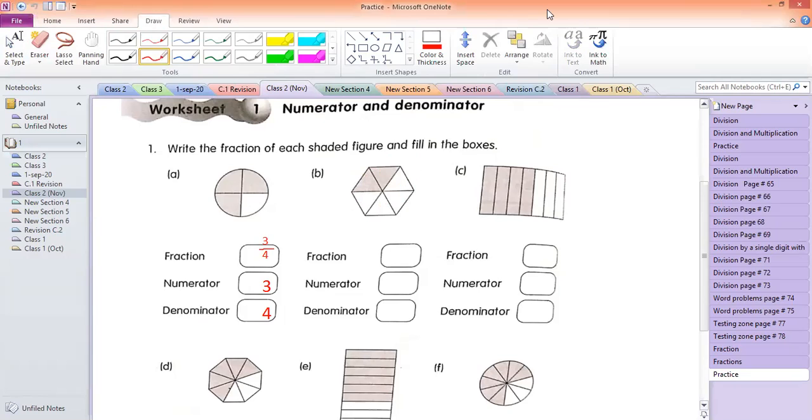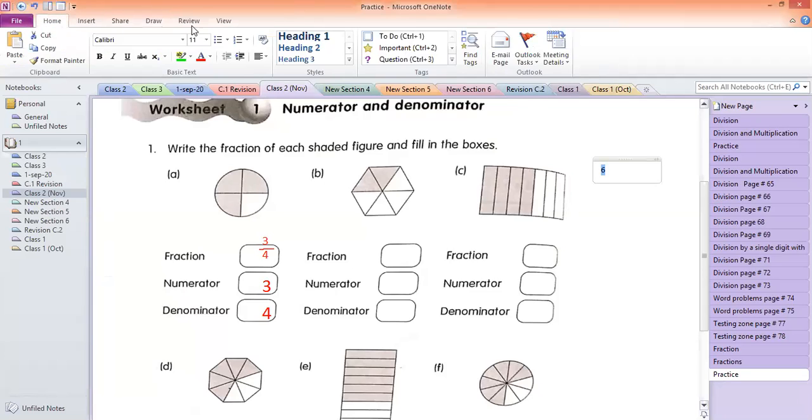So what is the denominator here? Yes, guys. What is the denominator here? The denominator is 6. Very good. 6 is the denominator here. So you will write 6 in the denominator.